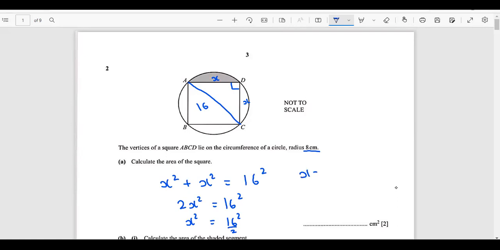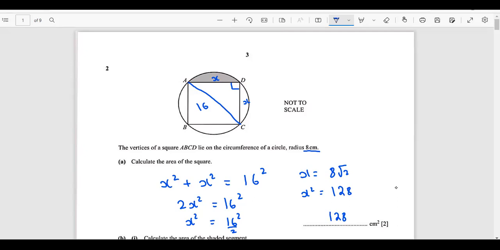So x would turn out to be 8 root 2, and obviously x squared would be the square of this, so that is going to be 128. So 128 centimeter square is the answer for the first question.